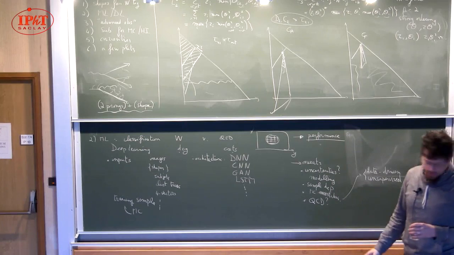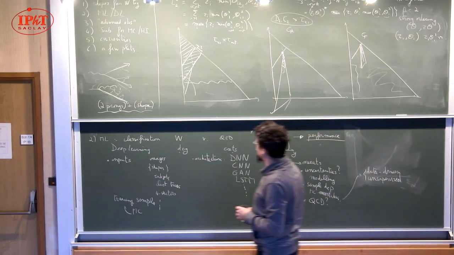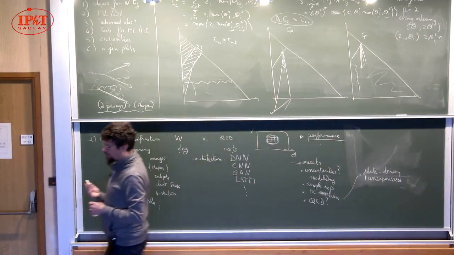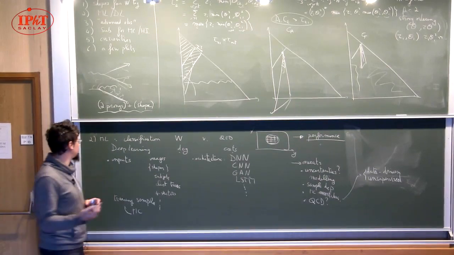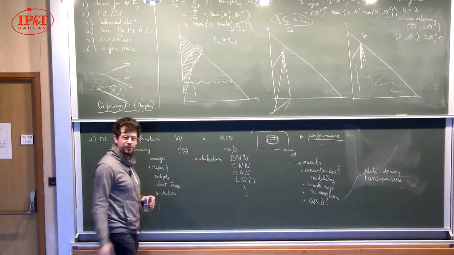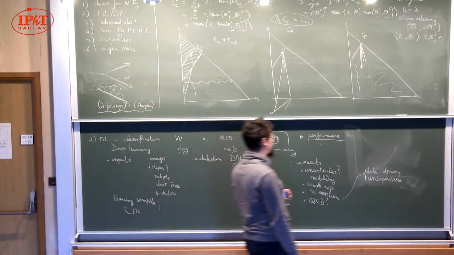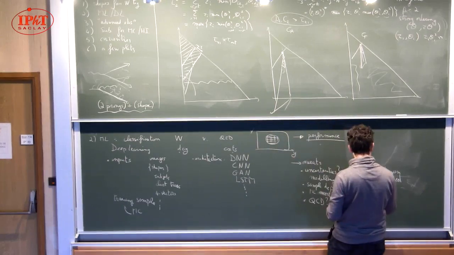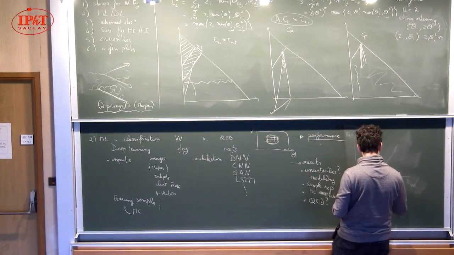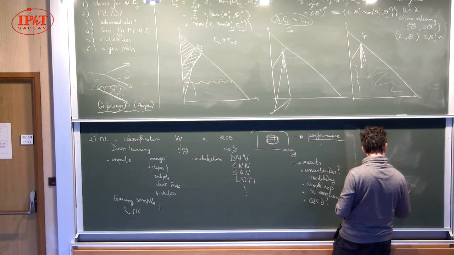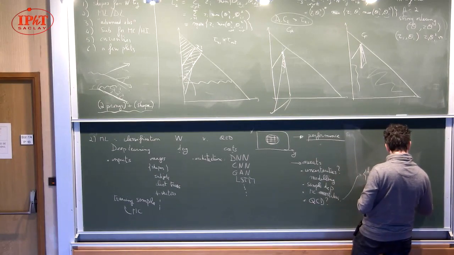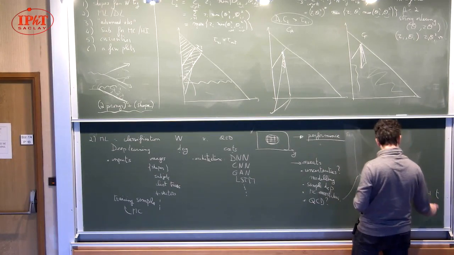There's also the question that I've essentially talked about quark versus gluons, W versus QCD, top versus QCD. At the end of the day, one thing you may want to do is have something which is quark versus gluon versus W versus Z versus Higgs versus top.